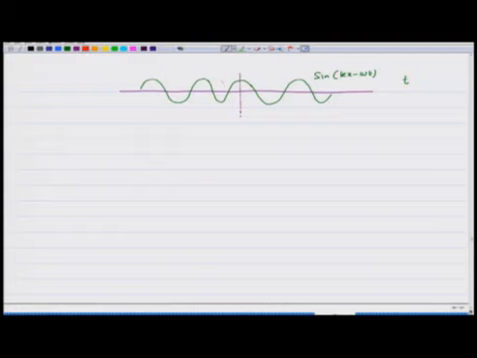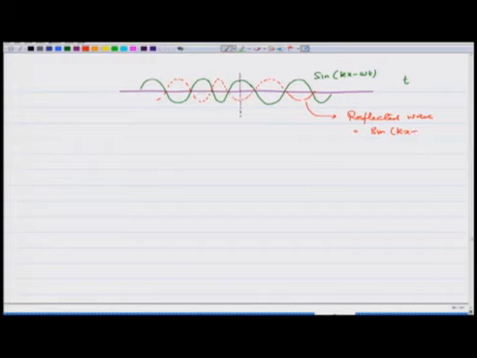The reflected wave is opposite. So, the red one, this is the reflected wave, which is sine of kx plus omega t at that same time.